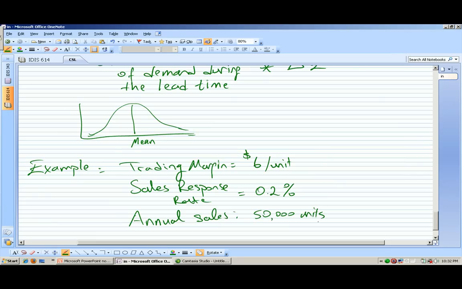Okay, and on the other side, my inventory holding rate is 25% per year. Okay, cost per unit, cost of each product, cost of buying, okay, not your selling cost, cost of product is $40.